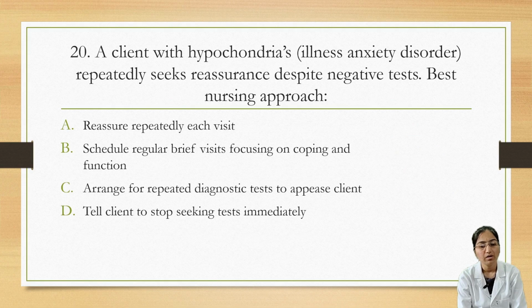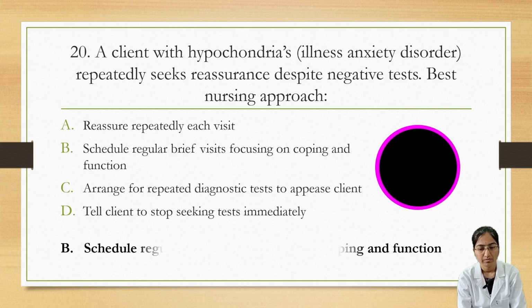Next question. A client with hypochondriasis repeatedly seeks reassurance despite negative tests. Best nursing approach. Option is B, scheduled regular brief visits focusing on coping and function.